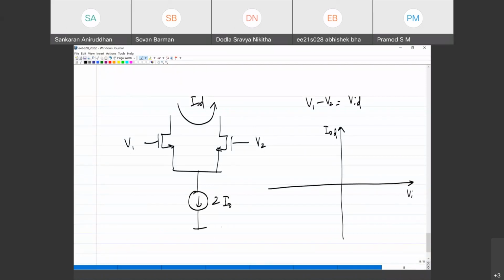Now, if I had equal W over L's, what will happen? This curve will look something like this, right? It will pass through the origin.